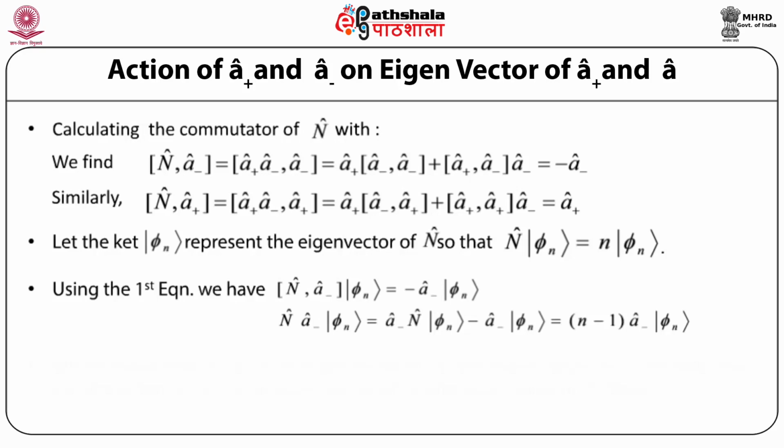Similarly, the commutator of the number operator with the raising operator A plus is equal to the commutator of A plus A minus, that is the raising operator, lowering operator, with the raising operator A plus.